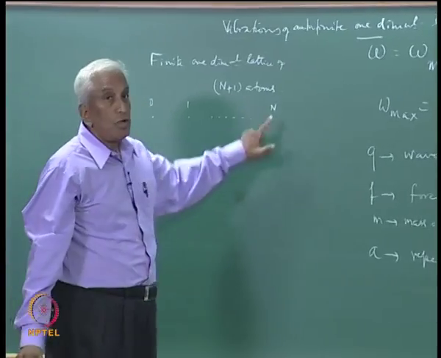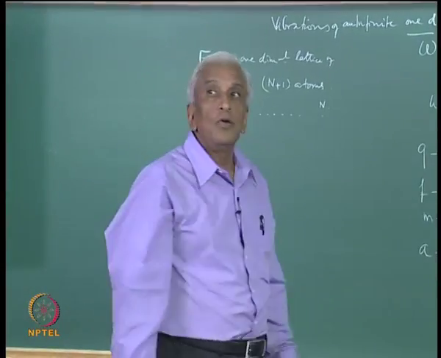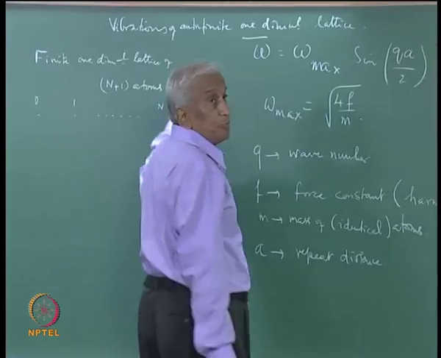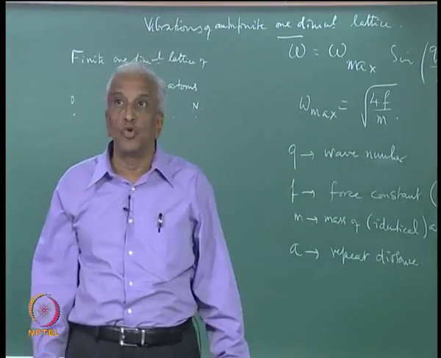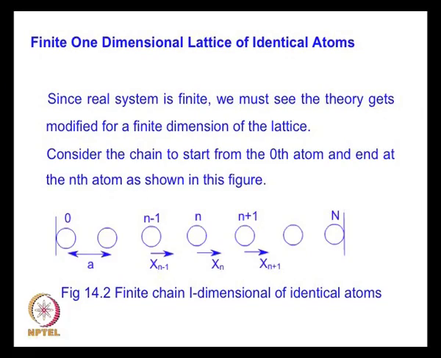So, counting from 0 to n, you have n plus 1 atoms, as shown in the figure, where n is finite.